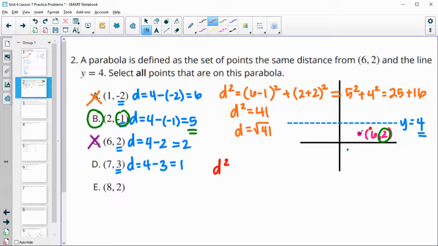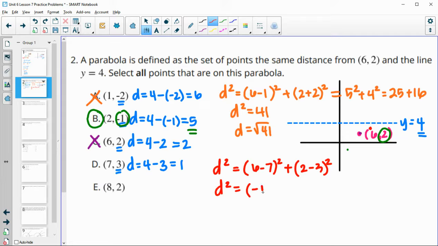So to find the horizontal distance again, subtract the x's. So (6 minus 7) squared. Find the vertical distance, so subtract the y's. (2 minus 3) squared. This distance needs to be 1.